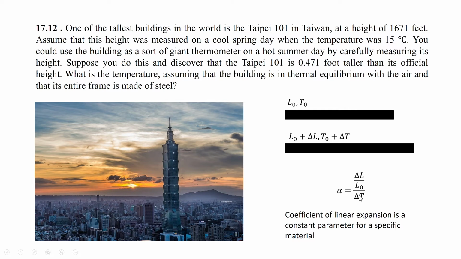But if the temperature goes very high, to 1000 degrees, or to minus 200 degrees, very hot or very cool, this number changes a lot, so we cannot use a constant number. But in this problem, we just assume this is a constant number.